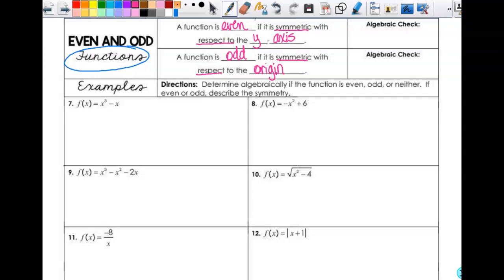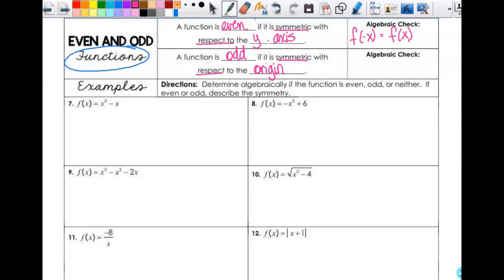Okay, so your algebraic check is a little bit different than proving if it's x-axis, y-axis, or origin symmetry up there. You are going to substitute in a negative x. So if f of negative x equals f of x, so if I substitute in a negative x, then I should get f of x back.